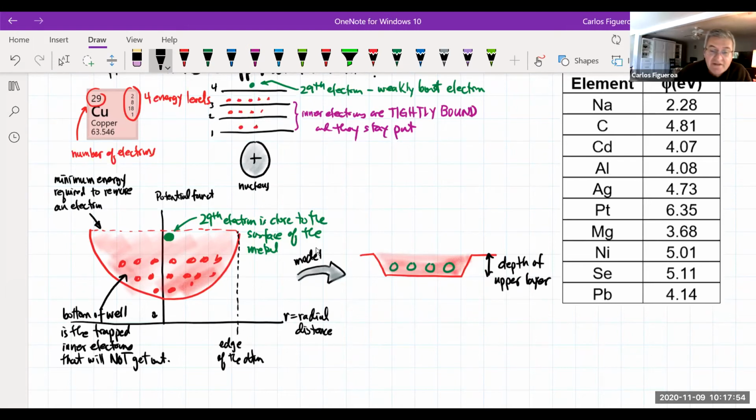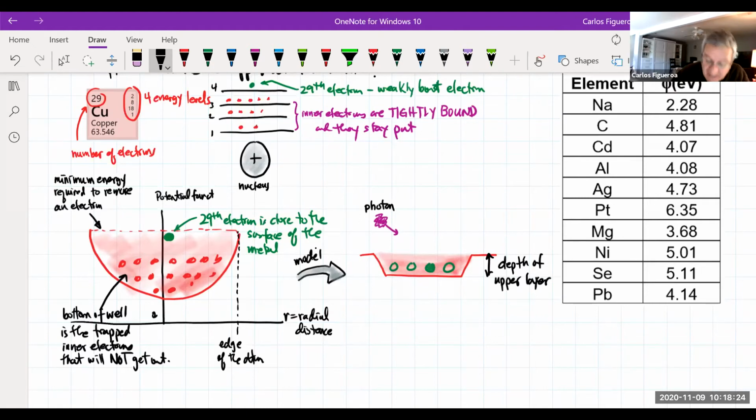So what is the photoelectric effect now? The photoelectric effect essentially says this: I'm going to send in some packet of energy. What is this? Well, this is the photon that comes in. And what does the photon do? It gets absorbed by the atom, and as it is absorbed by the atom, one of these electrons is going to get excited.